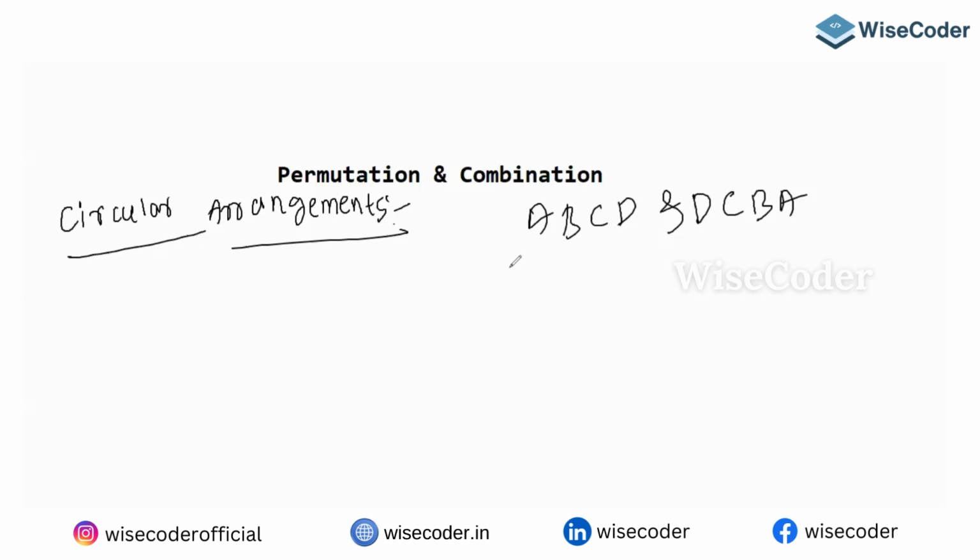In other words, in the first arrangement, there is no one to A's right, but in the second arrangement, A has C to its right. So the point is this, friends. This makes the arrangement different.